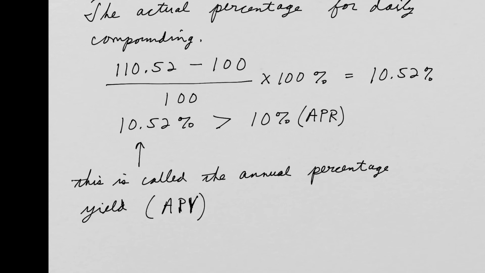And actually, we can compute the annual percentage yield for any amount and any number of compounding periods. Actually, let's derive the formula for that right now.